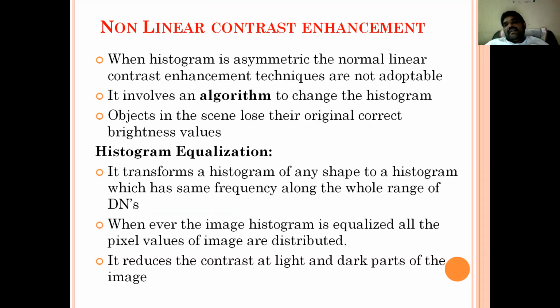And we have seen nonlinear contrast enhancement. The difference is, in the previous case, the histogram is expanding linearly, whereas here, the histogram is asymmetric.